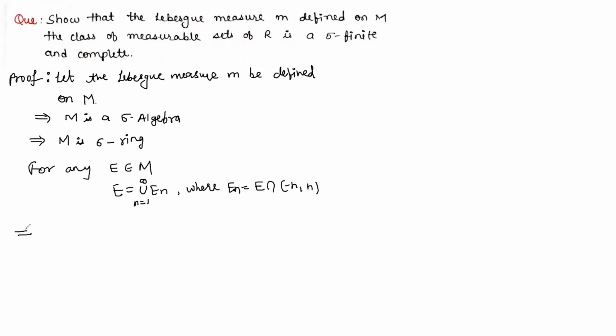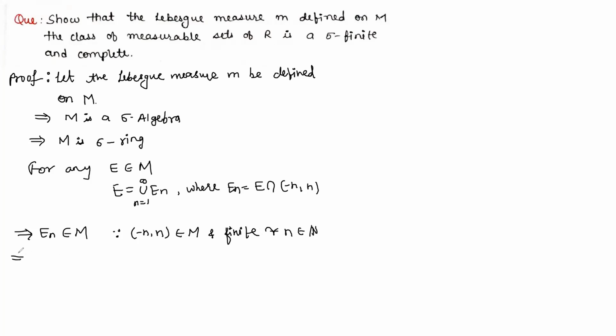Now this implies that E_n also belongs to the class of measurable sets, since the interval minus n to n belongs to M. We have also seen a theorem that any finite interval is measurable. So this interval belongs to M and it is finite, for n belonging to the set of naturals.